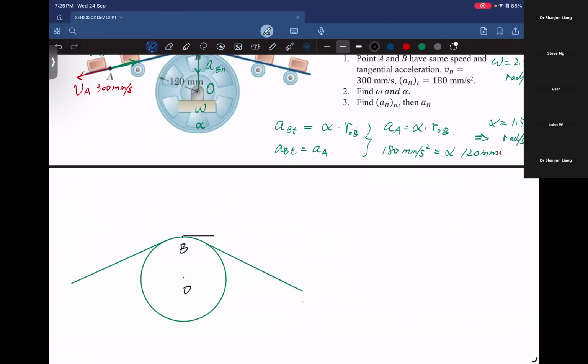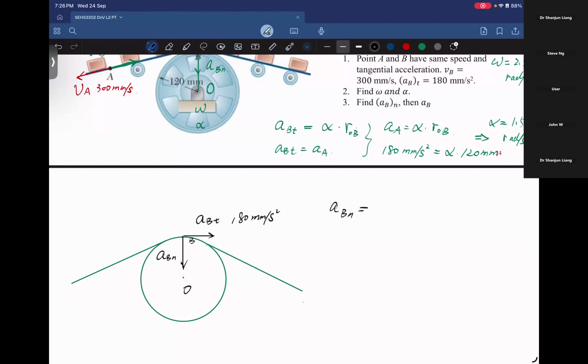This is ABT, and ABT is 180 millimeter per second square. To find AB's acceleration, we also need to find ABN, the normal acceleration.